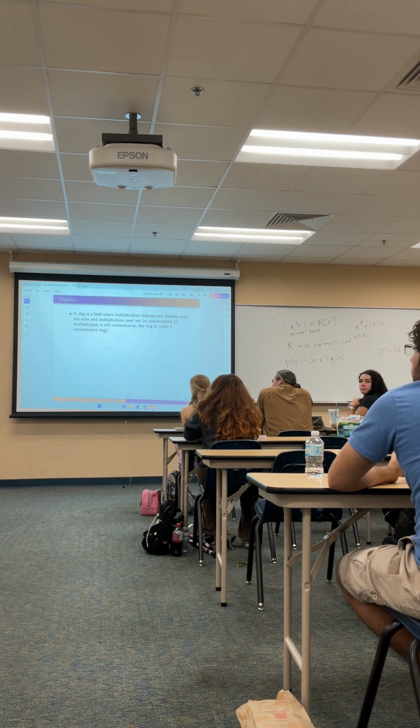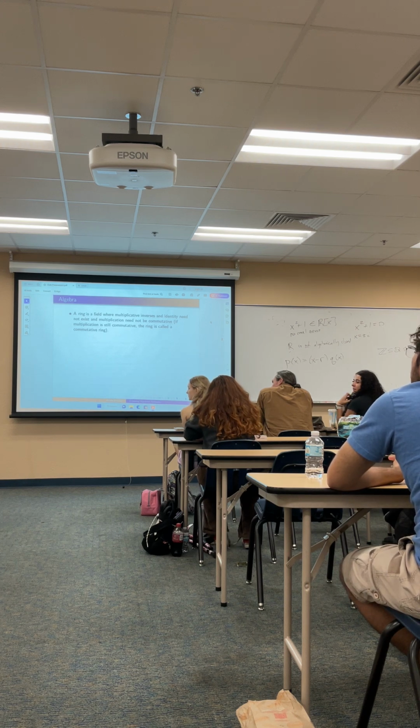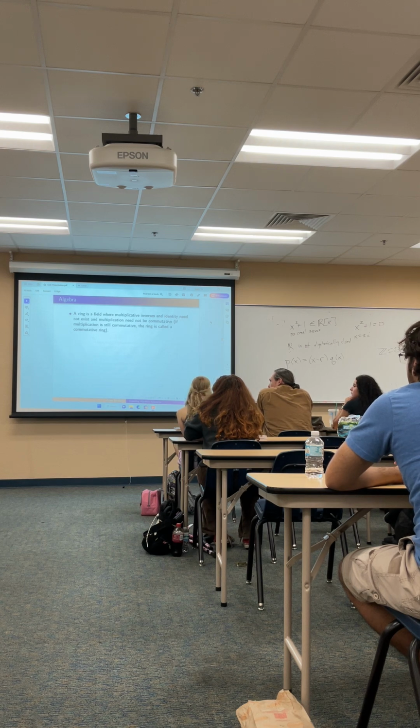Would a vector space be a ring? A vector space, or a vector field? Not in general, because you don't have a multiplication operation. Right. You have a dot product or whatever, but the dot product of 2 vectors is a scalar and not another vector, right?